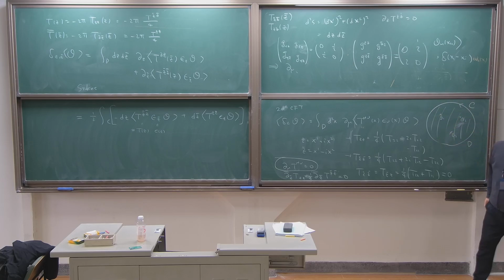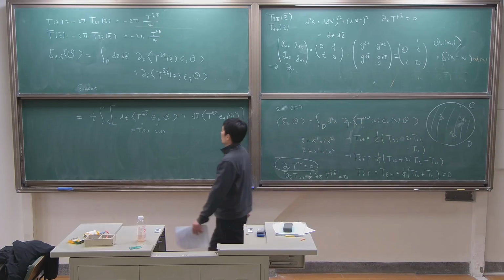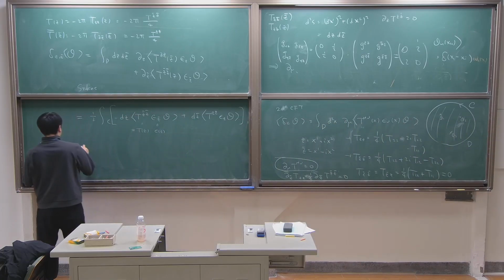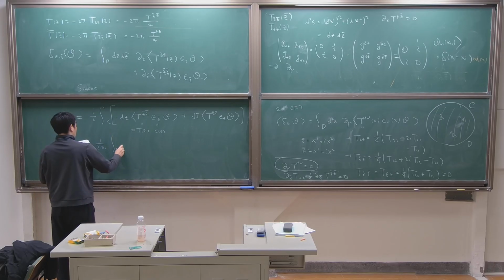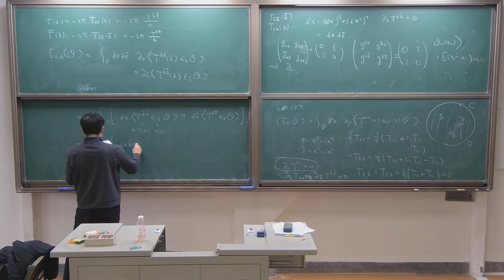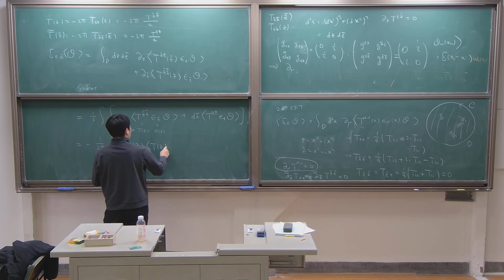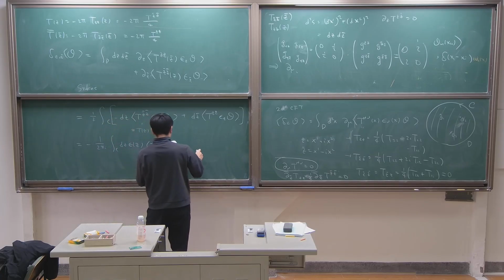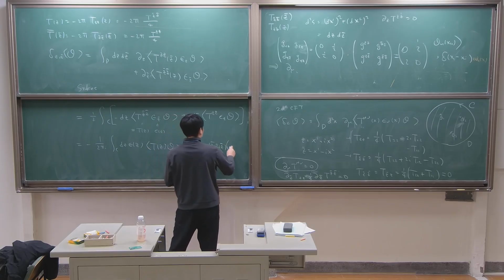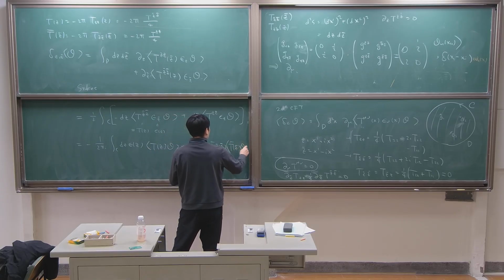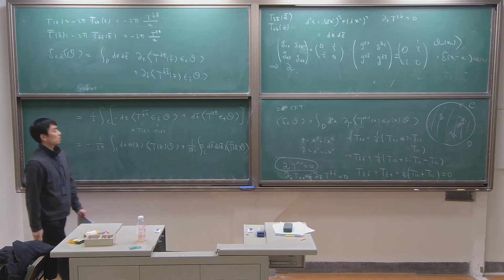Is it okay? So far, it's straightforward. Then what you get is as follows: minus 1 over 2 pi, integral over C of dz, epsilon T(z) operator O, plus the other term with 1 over 2 pi. That's logic.